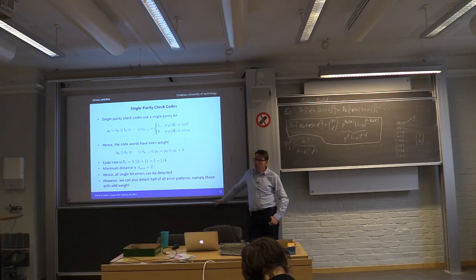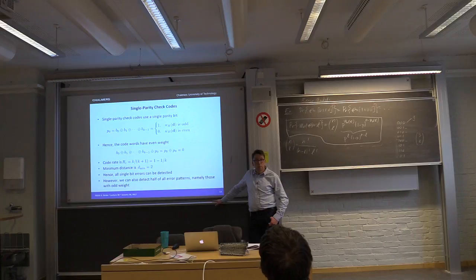First of all, it's extremely simple, right? Simple calculations, just modulo 2 addition of all the bits. So it's very low complexity encoding and decoding. Low complexity, we love it, right? That's good, it's cheap, right?